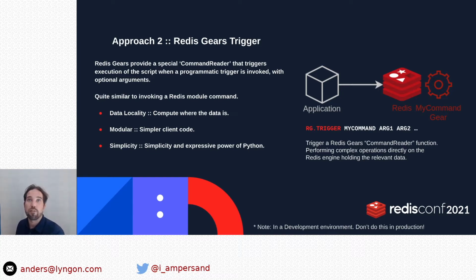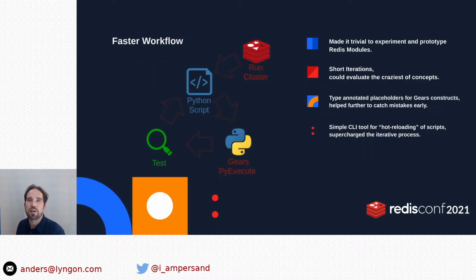I also have the processing on the server close to the data and the modularity, and of course using Python and its rich ecosystem and expressibility made it very powerful to explore. Of course, the performance is not the same as running a module in C, but still quite impressive, I would say. Anyway, this approach made it possible for me to iterate solutions very quickly.